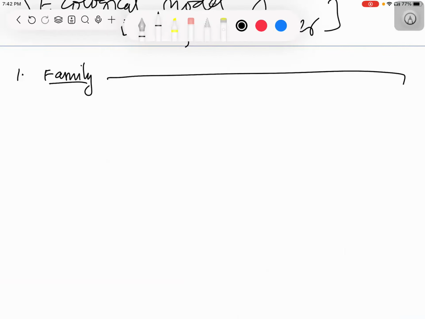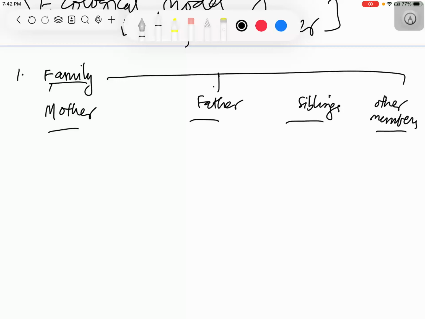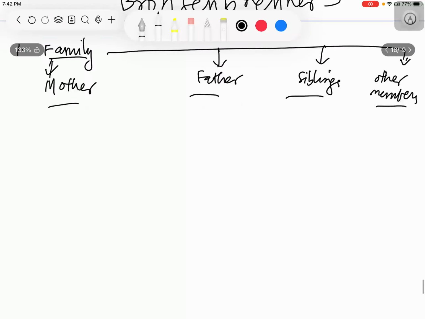So in the family you can say who are going to have the major impact: mother first, father, then you can even talk about siblings, then other extended members, right? All of them are going to inculcate some value or other. For example, mother, what kind of value will she impart?